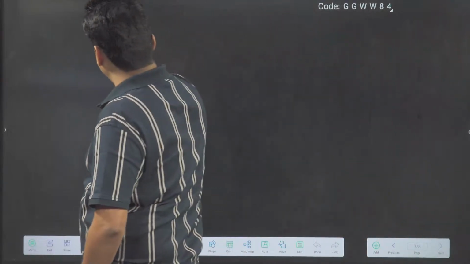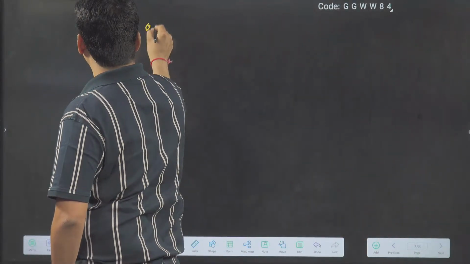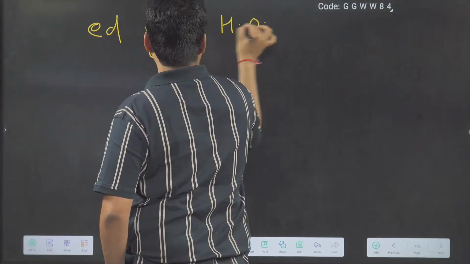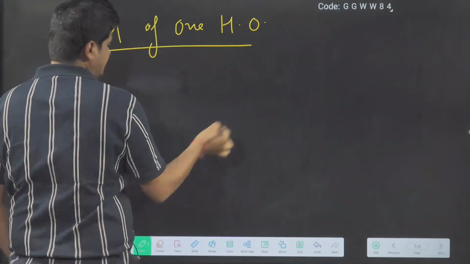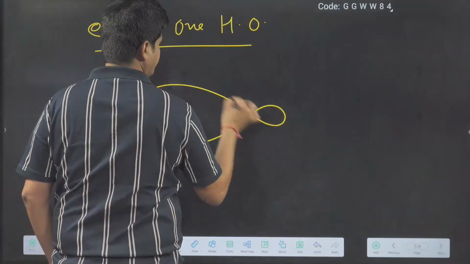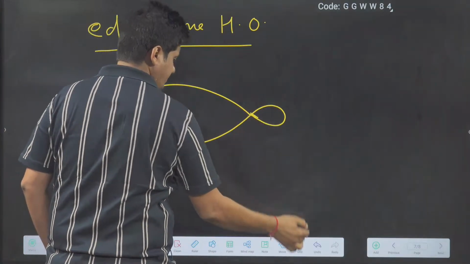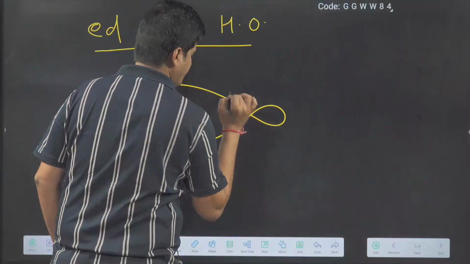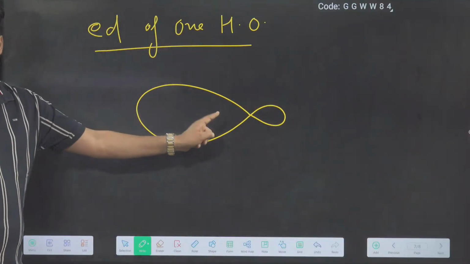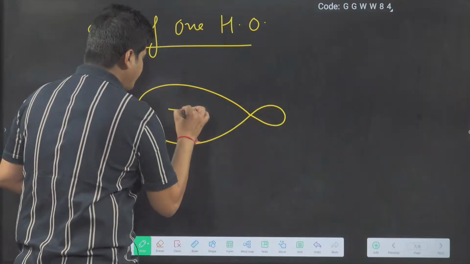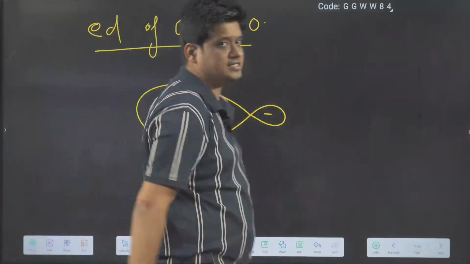If I represent the electron density of one hybrid orbital, it is represented like this, where we have one big lobe and one small lobe. The big lobe has a plus sign and the small lobe has a minus sign.